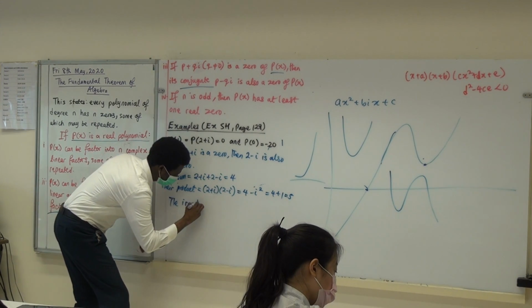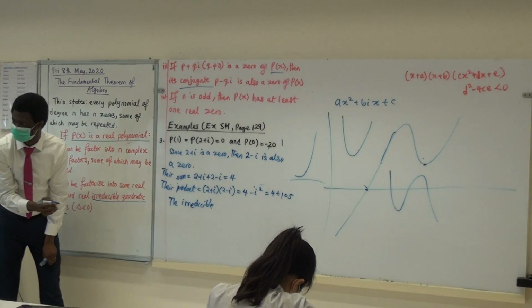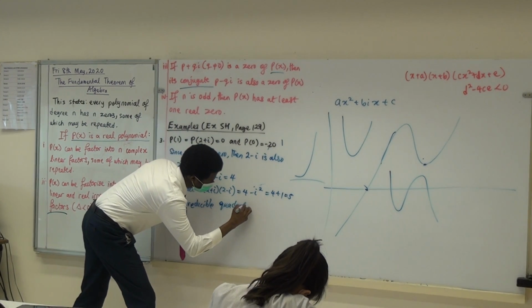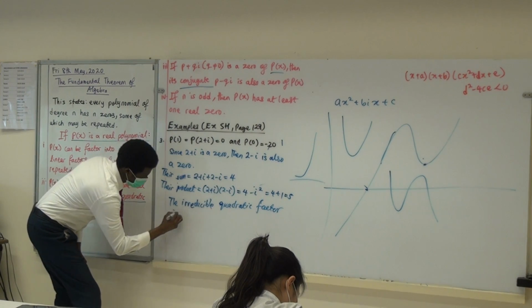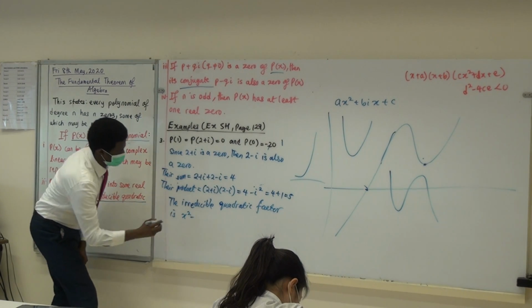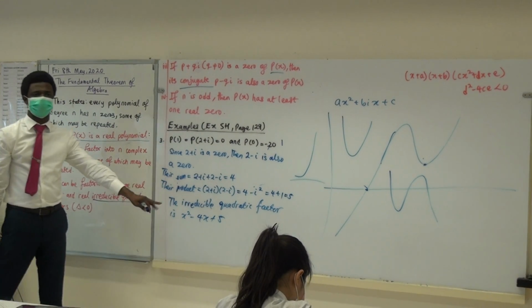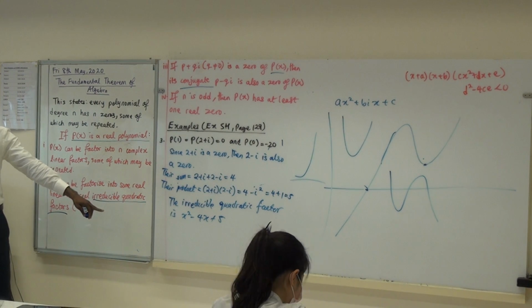The irreducible quadratic factor is x squared minus sum of x plus product 5. There's no equals to 0. It's a factor, not an equation. Okay?